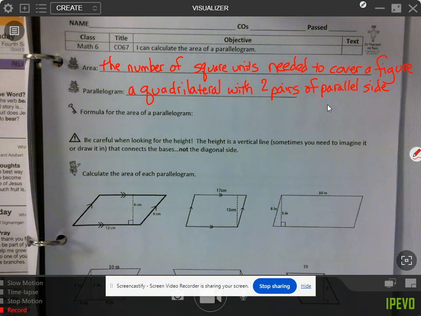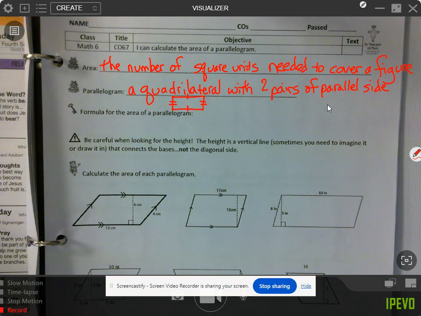So it might look like a rectangle. A rectangle has this side and this side parallel, and these two sides are parallel. So a rectangle is a type of quadrilateral, and also a type of parallelogram.